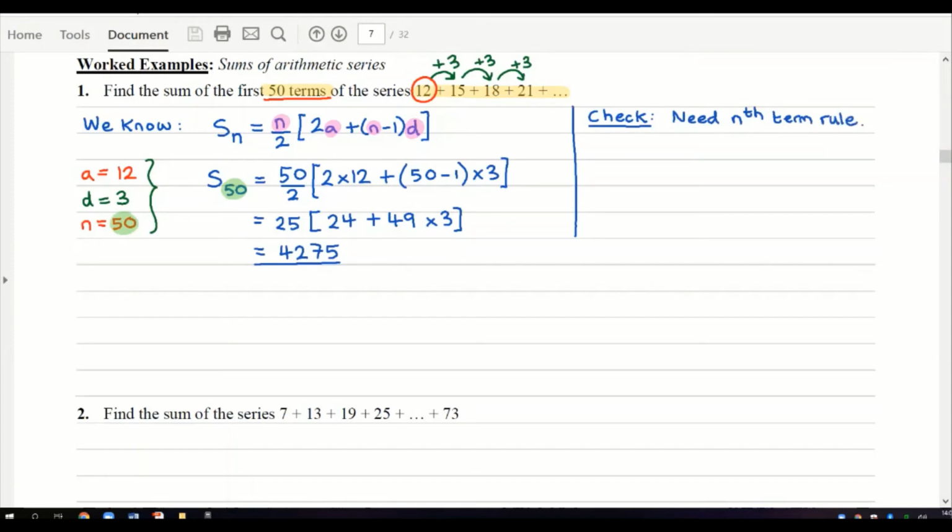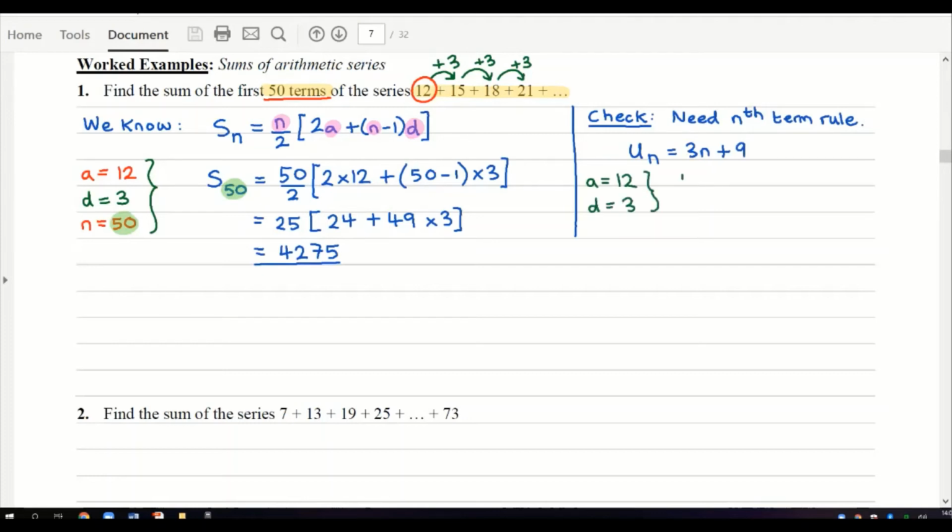So the nth term rule. Well, we know the common difference is 3, so we know it's 3n. It's the 3 times table, and then we're adding 9 each time. Now you can do that using the A and the D if you wanted to. If you wanted to do it quickly, you notice that A is 12 and D is, of course, 3.